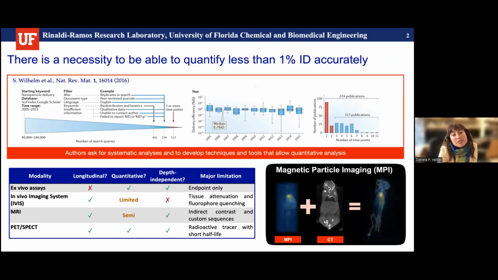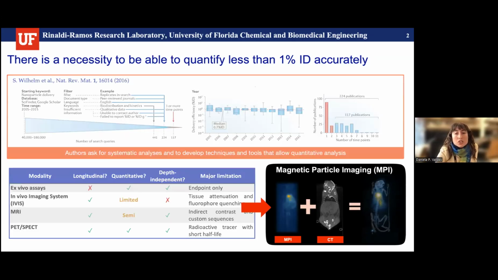And the short half-lives that these tracers can have limit us in the time points we're going to choose and how long we can keep imaging the same subject. So a way of tackling these problems is with magnetic particle imaging.